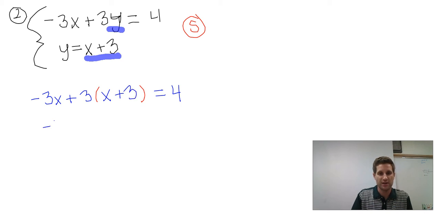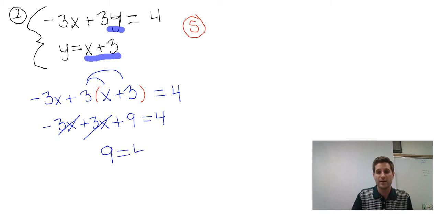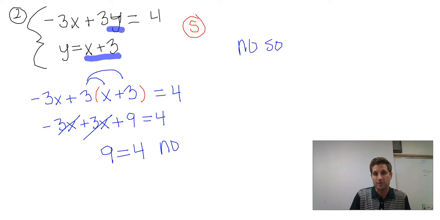We'll distribute, so we get negative 3x plus 3x plus 9 equals 4. Negative 3x plus 3x is going to be 0, so those cancel, and we get 9 equals 4. Is that true? Does 9 equal 4? No, not true. So we say no solutions.